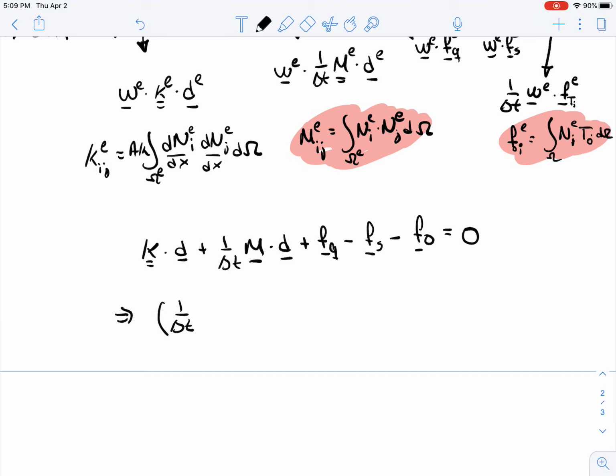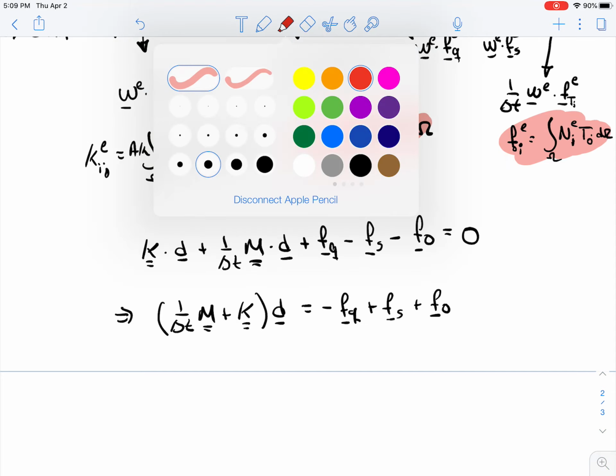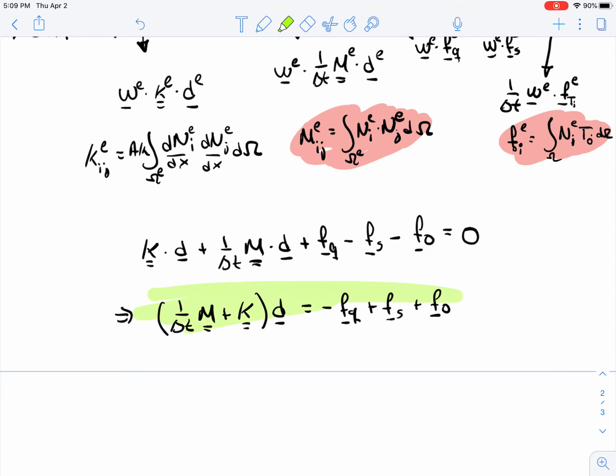So if we rearrange this a little bit, I'm gonna end up with 1 over delta T mass matrix plus stiffness matrix times D equals minus FQ plus Fs plus F naught. And this is the system of equations that I need to solve.